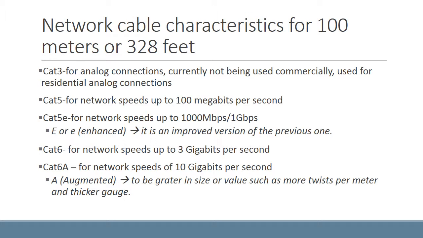Cat5 cable is used for network speeds up to 100 megabits per second. Most internet service providers at home do not offer 100 megabits per second speeds. This type of cable is usually found in home installations. Cat5e is for network speeds up to 1000 megabits per second or 1 gigabit per second.